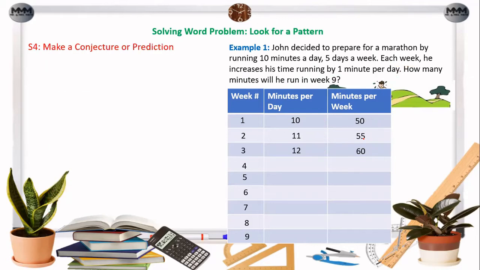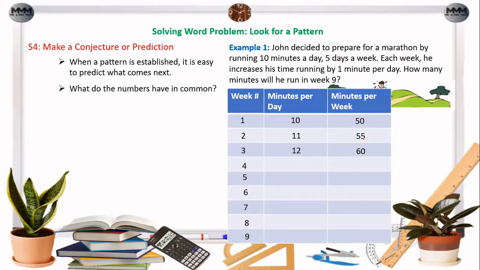Now let's proceed to the fourth step, which is to make a conjecture or prediction. When a pattern is established, it is easy to predict what comes next. What do the numbers have in common?